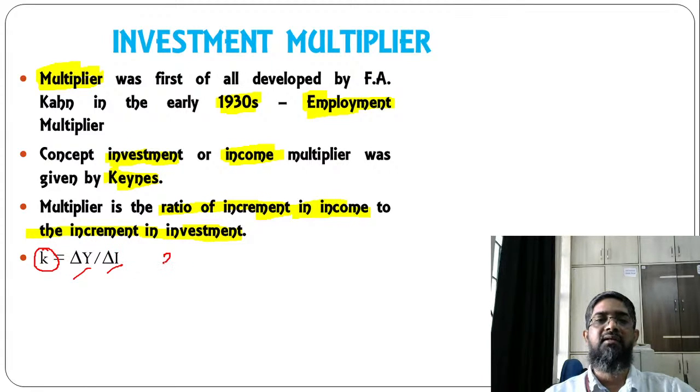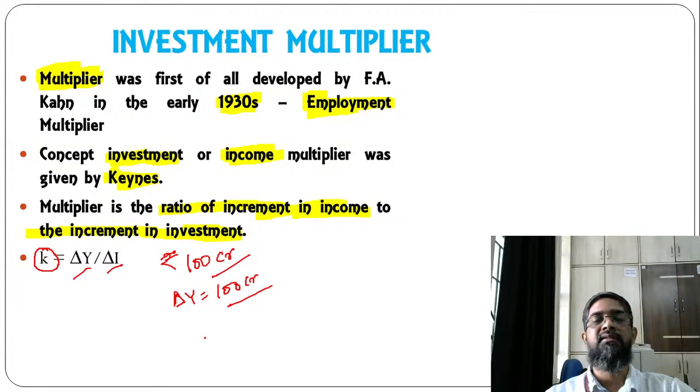Suppose there is 100 crore investment on a road project by the government. So how much change in income should take place? Normal sense says that if the investment increases by 100 crore, income will also increase by 100 crore.